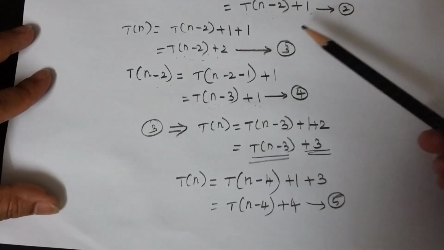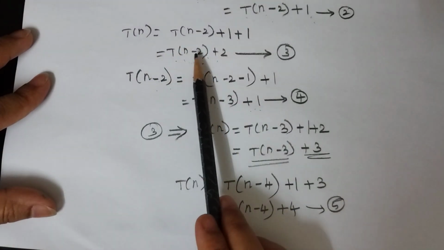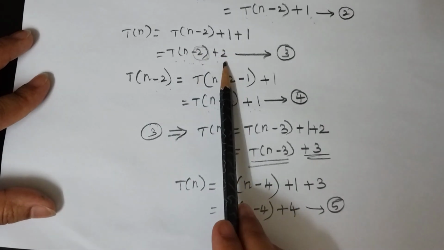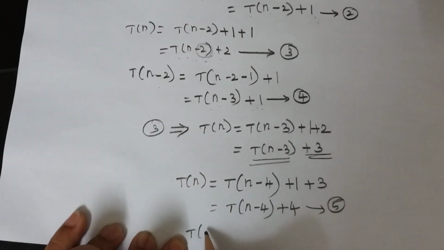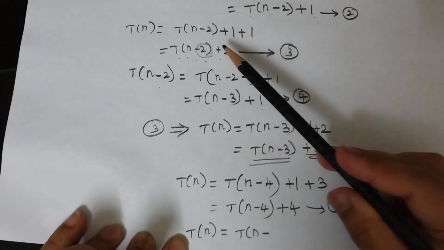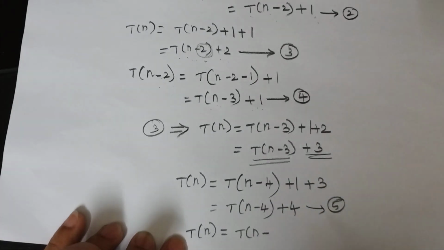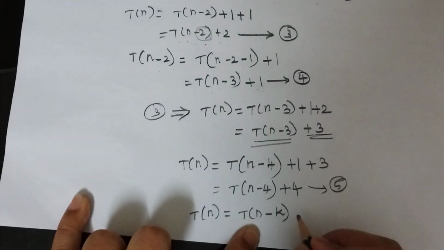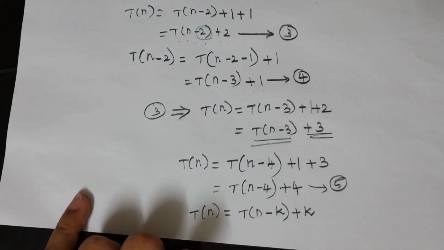If you look at this pattern carefully, you can see T(n) is equal to, if you substitute a constant for these values, you can generalize this formula. Instead of all these values 2, 3, 4, and then 5, I am writing a constant k, so T(n) = T(n-k) + k, and here also the same constant k.